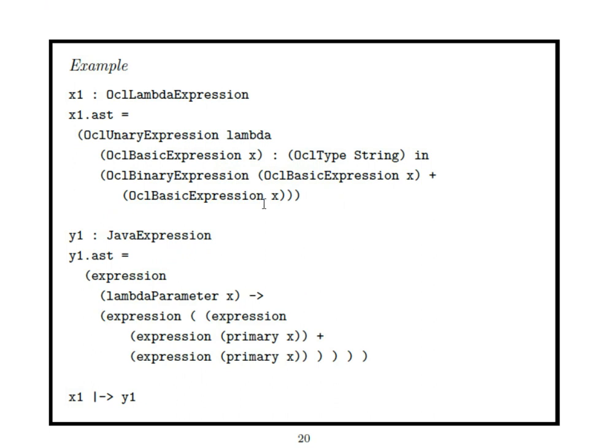And we can recognize, for example, that this part corresponds to this part, and this type is actually discarded in the target, and the argument here corresponds to the argument there.